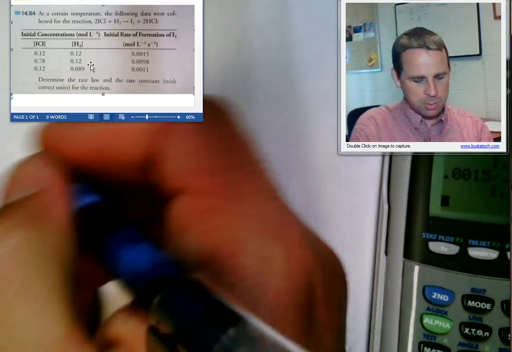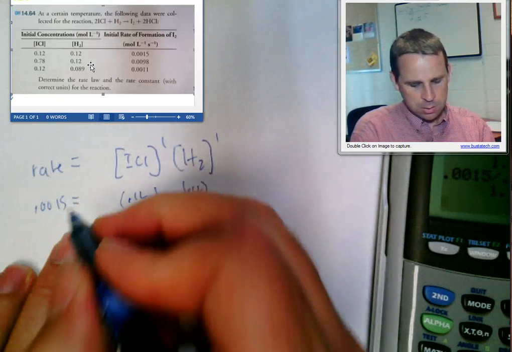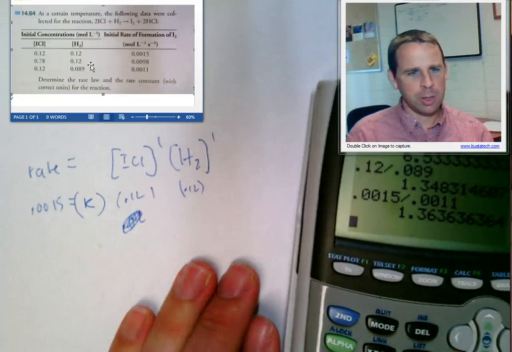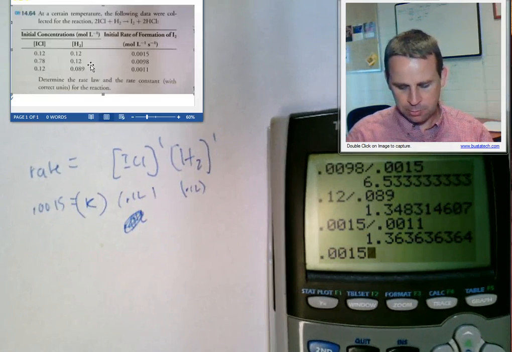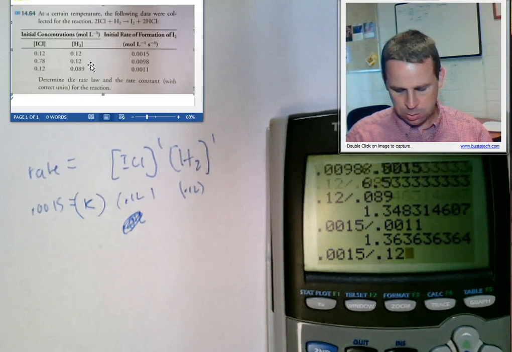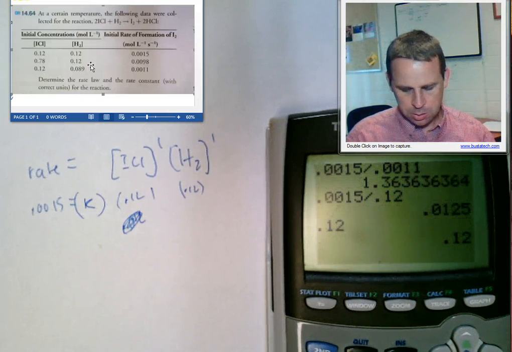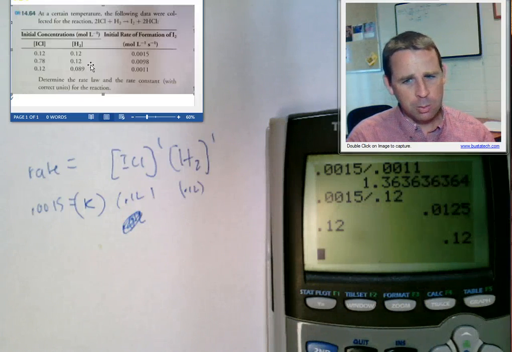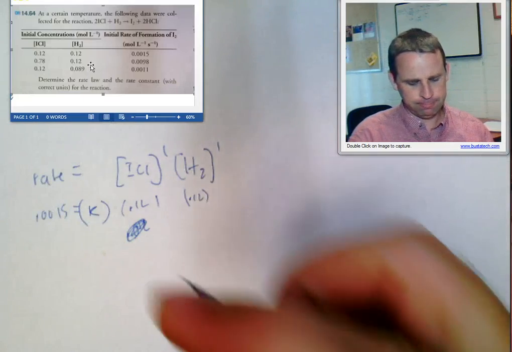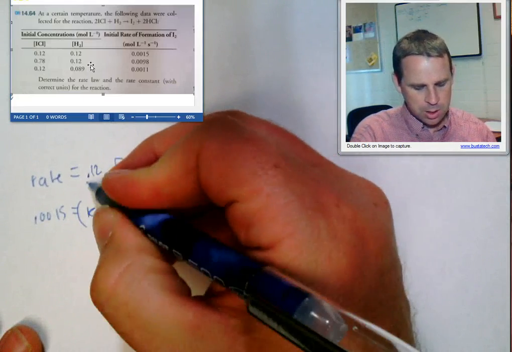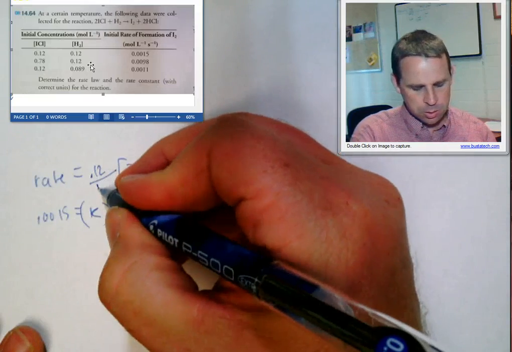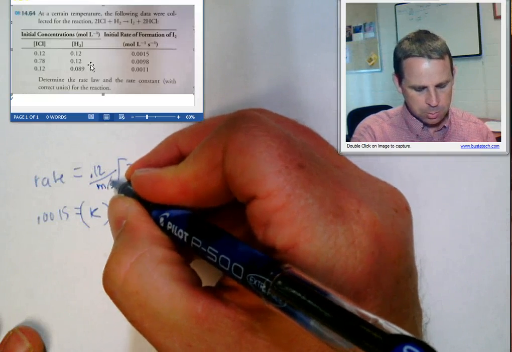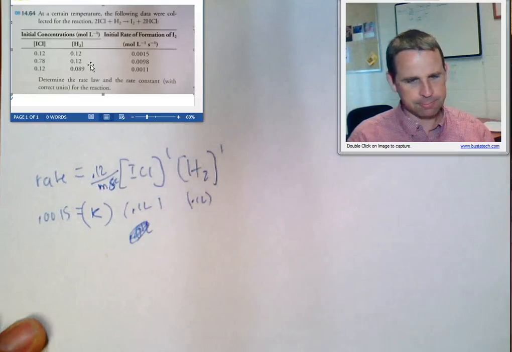So if I want to solve for my K, that's going to go right here, right? 0.0015 divided by 0.12 divided by 0.12. The units are going to be molar, and one molar has to be gotten rid of, so we end up with per molar seconds.